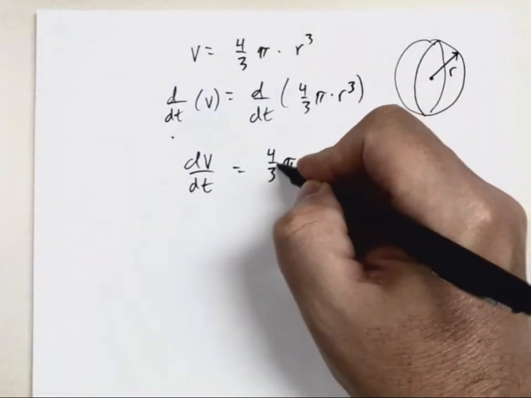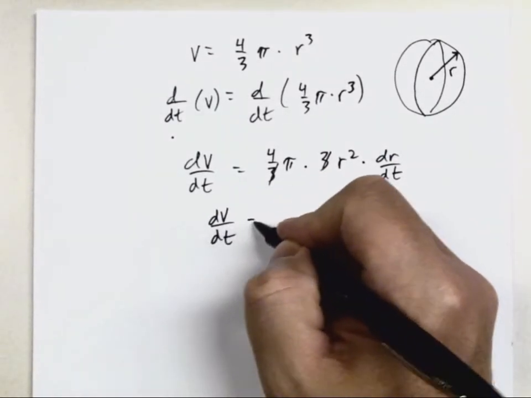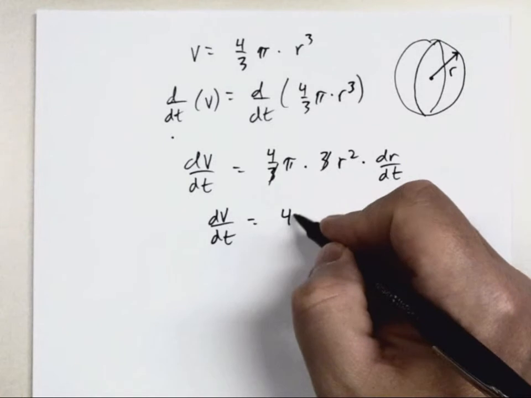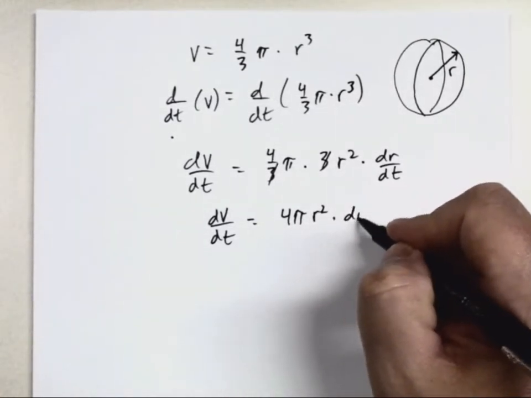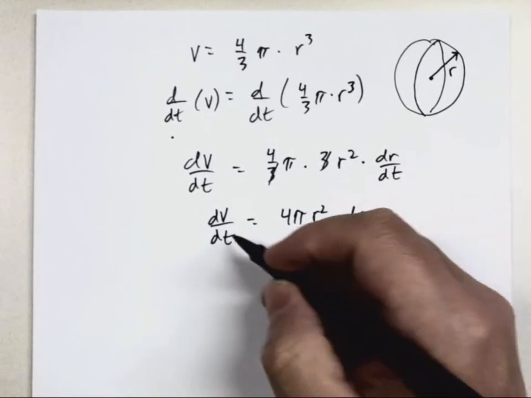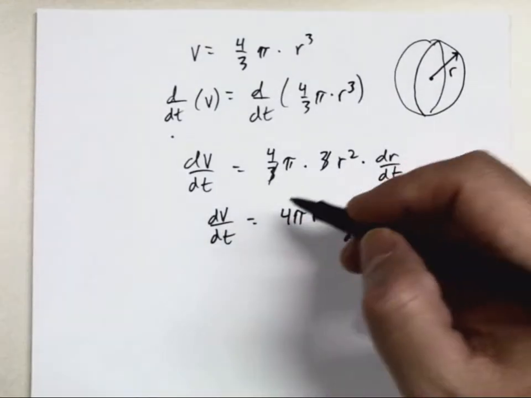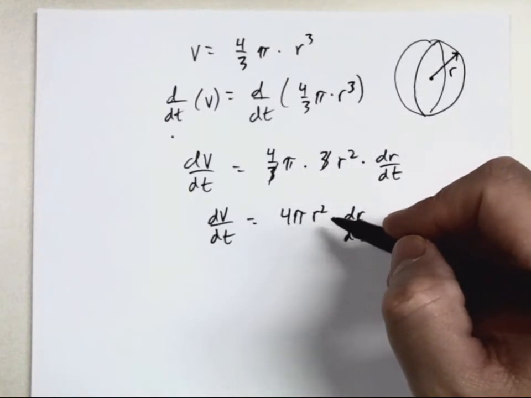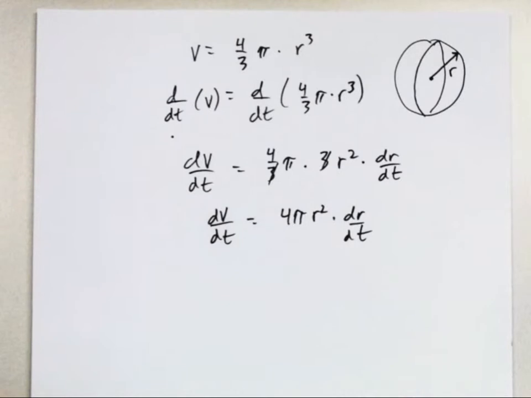I can simplify this 3 and this 3. So 4 pi r squared. So the rate the volume is changing is equal to 4 pi times the radius at that point in time times the rate at which the radius is changing.